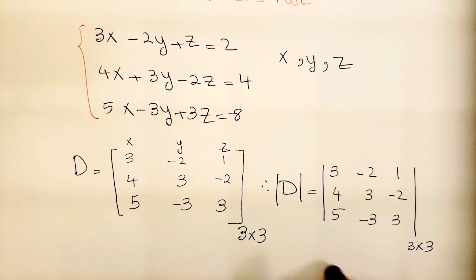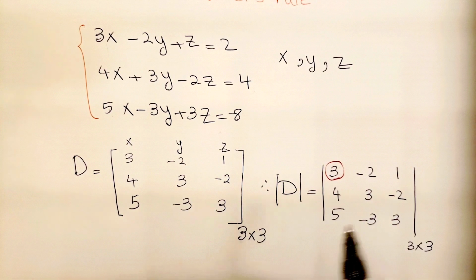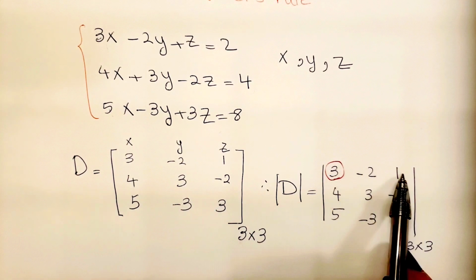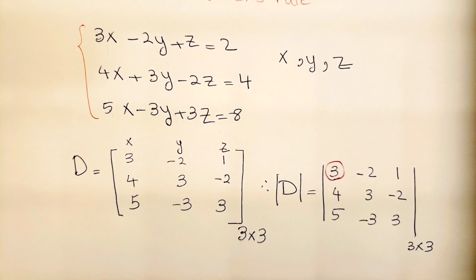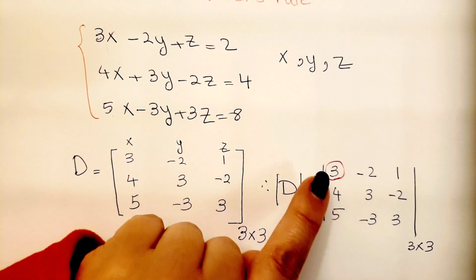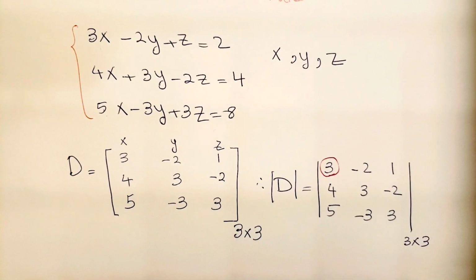In order to find the answer to this determinant, we only deal with the first row. These are my main numbers. Let's say you take the first number, which is 3.